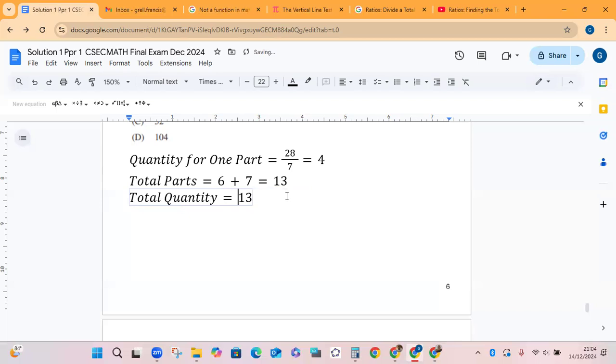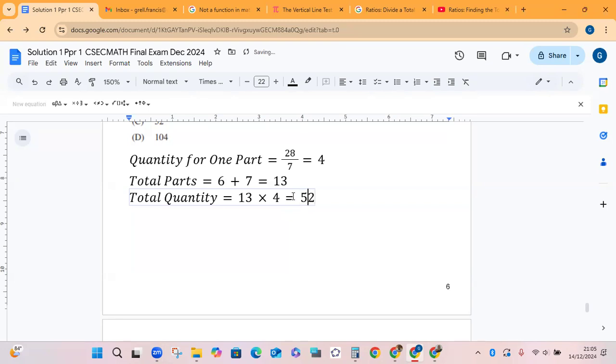Thirteen times 4 will give us the total quantity that was in the people present. Thirteen times 4 is 52. 4 3s are 12. Carry the 1, 4 1s are 4, and plus 1 is 5.